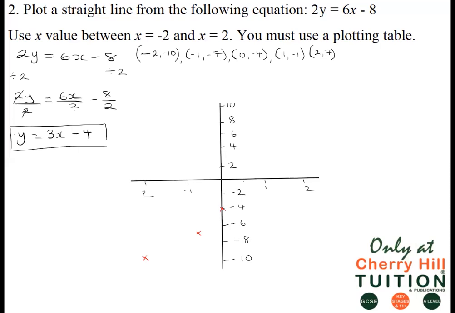And then we have 1, minus 1, which is about here. Lastly, we have 2 and 2, which is there.